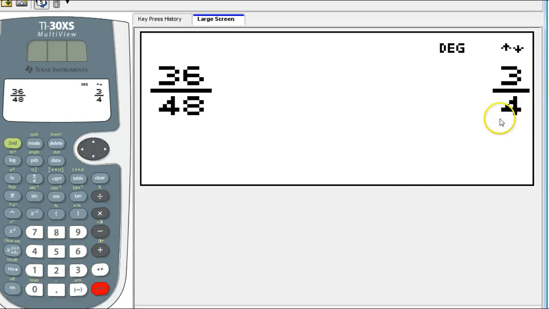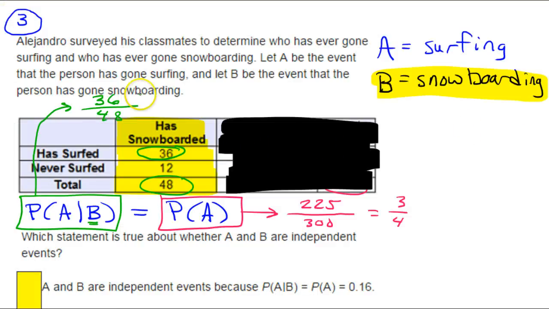Oh, look, 3/4 again. Because we got the same thing for the probability of A given B and the probability of A by itself, that means that these are independent.